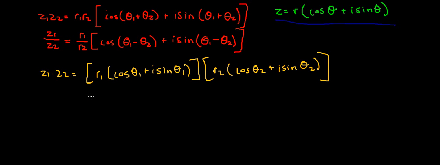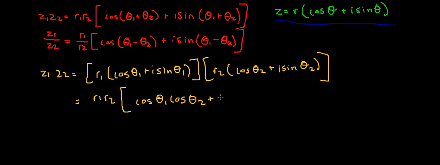So what do I get? This is equal to, let's take out the R1 and R2, cosine theta 1 cosine theta 2. It's not cosine squared because these are different angles. It's important to remember that. So what's the next term?